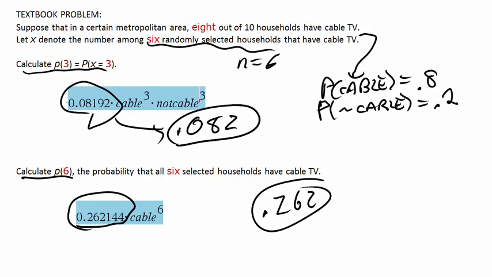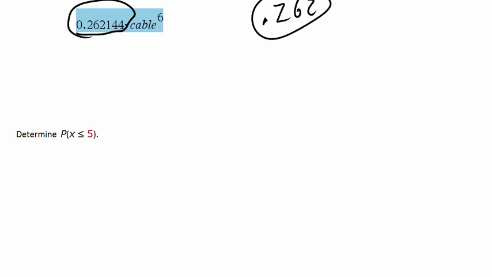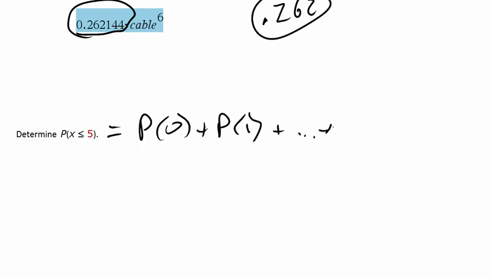All right. So what would happen if we tried something a little bit more complicated and said the probability that x was less than 5? So what I need to do now is find, well, x less than 5, that's the probability that none have, plus the probability that 1 has, all the way up to the probability that 5 have. And there are a couple different ways to figure out this probability. Let's jump over to our polynomial first and pull off this thing directly.